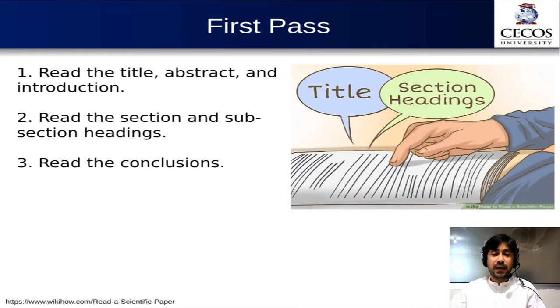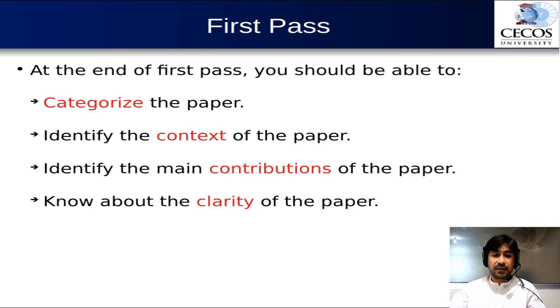If at the end of the first phase you are able to find answers to the following questions, then you are successful. For example, you would be able to categorize the paper, and identify the technique used in the paper. Let's suppose we are talking about wireless communication.